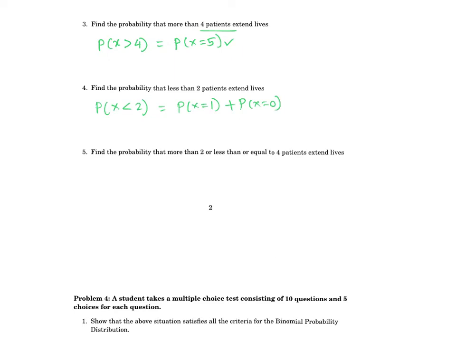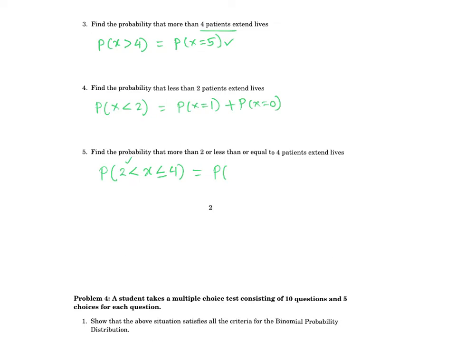Find the probability that more than 2 and less than or equal to 4 patients extend their lives. So the probability of 2 less than x less than or equal to 4. Remember, x cannot be equal to 2. An equivalent way of saying x is more than 2 is 2 is less than x.